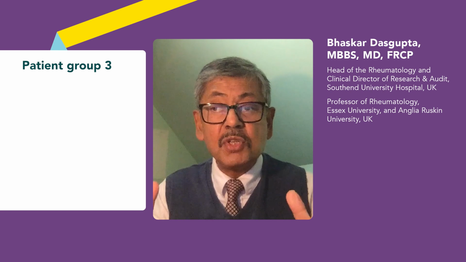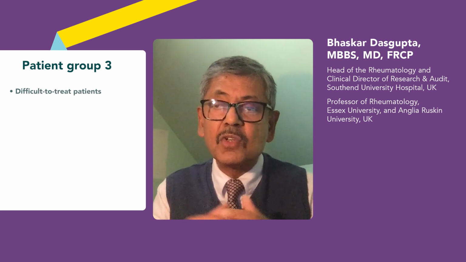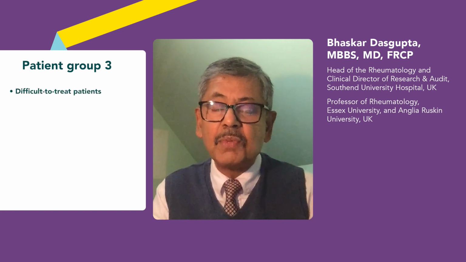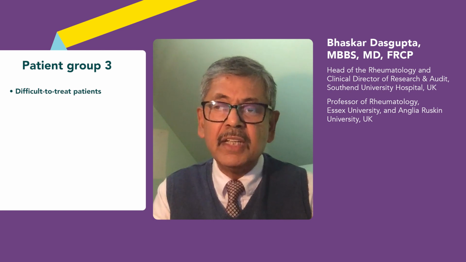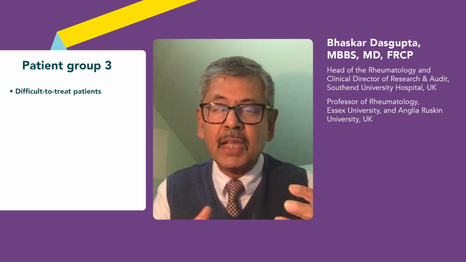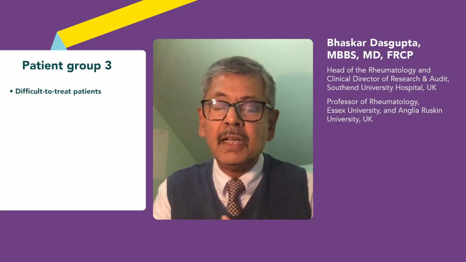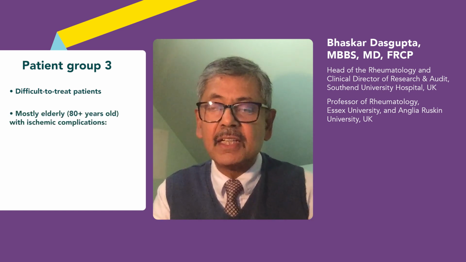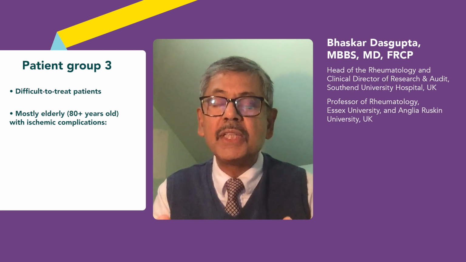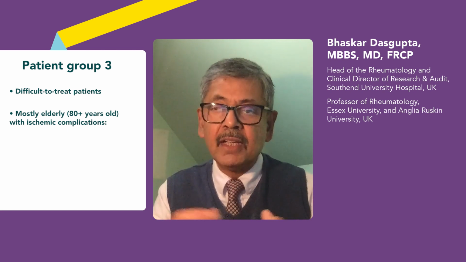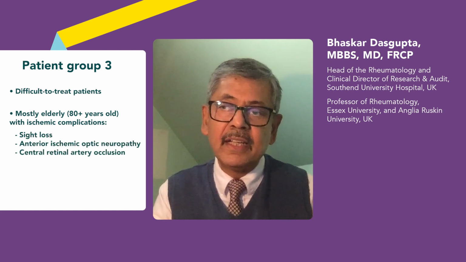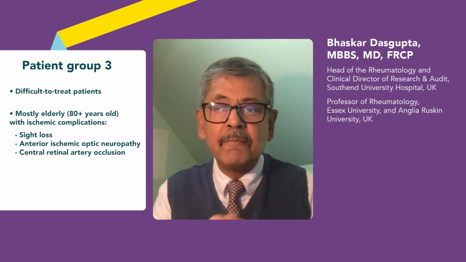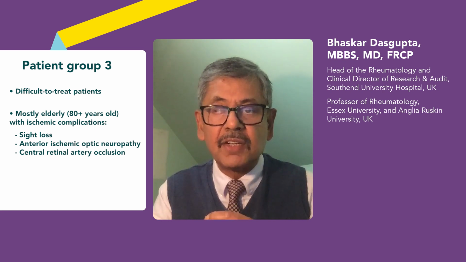Now, we come to a difficult group of diseases that we see in GCA, particularly the ischemic subset. This group of patients belong to the really elderly patients, above 80 at least, and they present with ischemic complications such as sight loss and anterior ischemic optic neuropathy or central retinal artery occlusion.